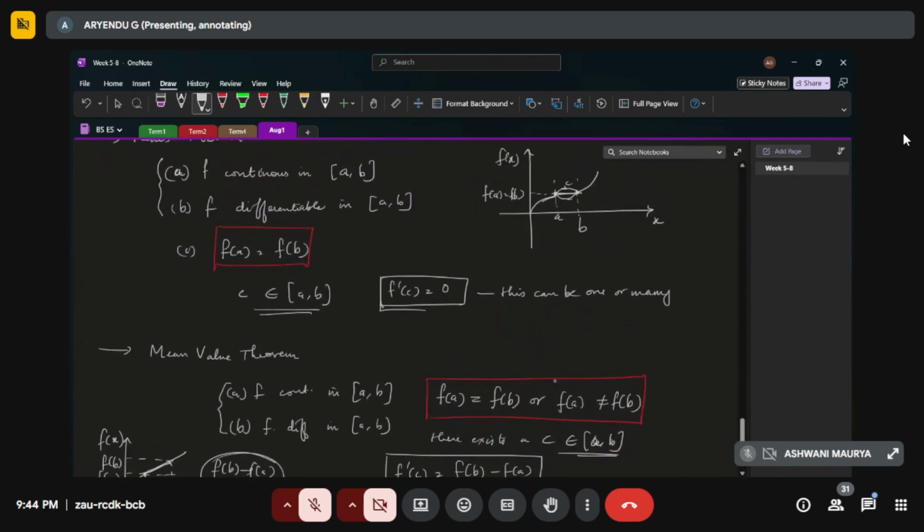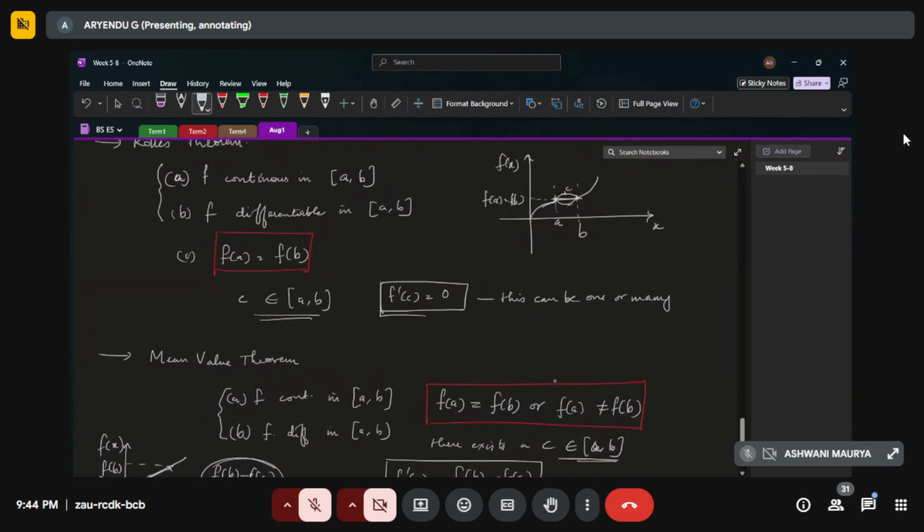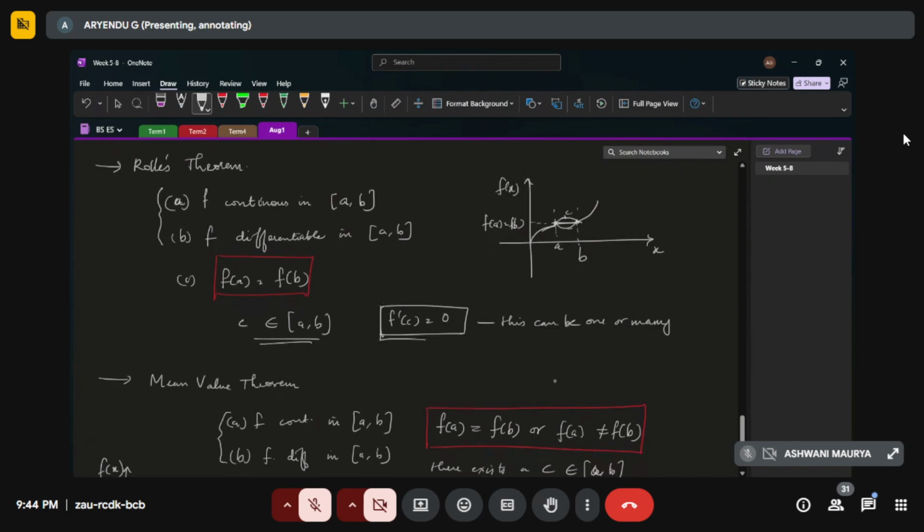Primarily, you will not be asked to use this to solve. You have to understand this as a theorem. If you are required to solve it, you will most likely be given these conditions. For example, you are given a question, there is a function f which is continuous and differentiable on A and B, and f of A and f of B are equal.